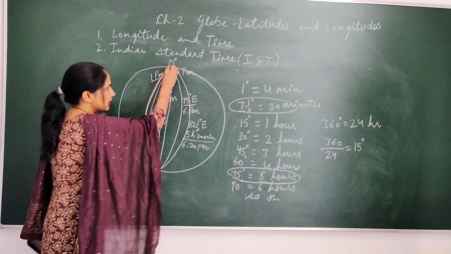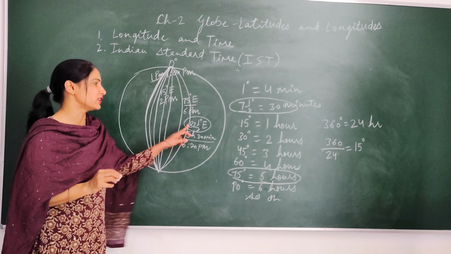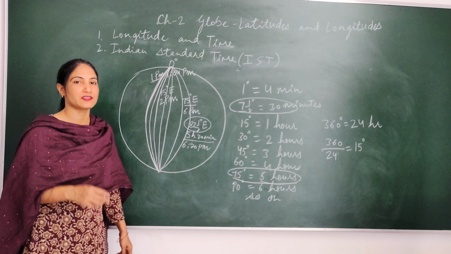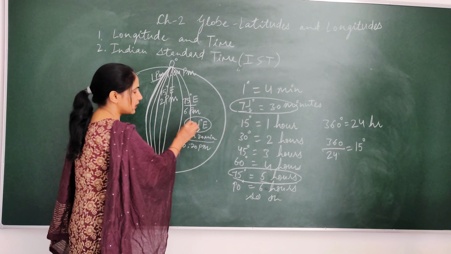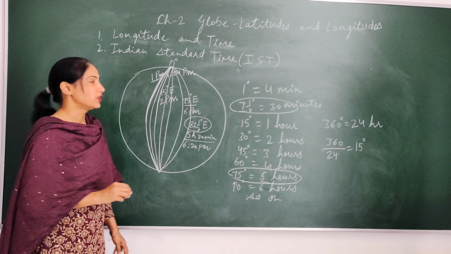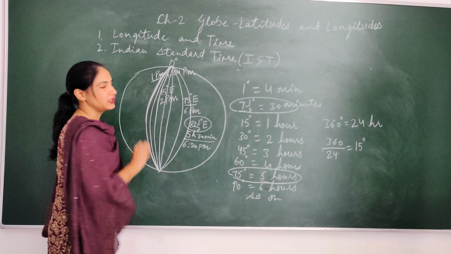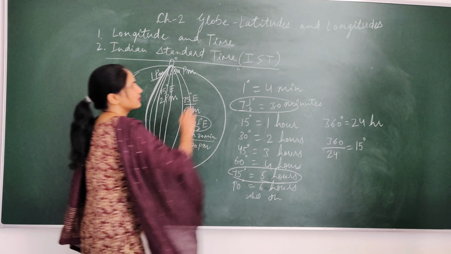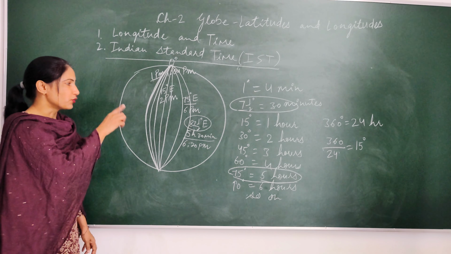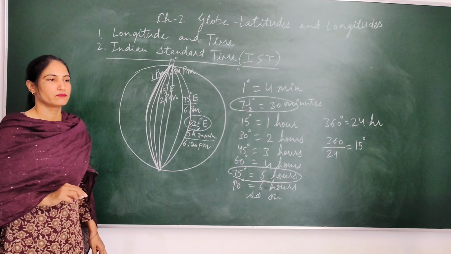So why am I asking about this 82.5 degree east? What is the specialty of 82.5 degree east? Because this is the longitude that determines the time for India. It is Indian Standard Time, IST. This is the longitude that determines the time for the whole country.